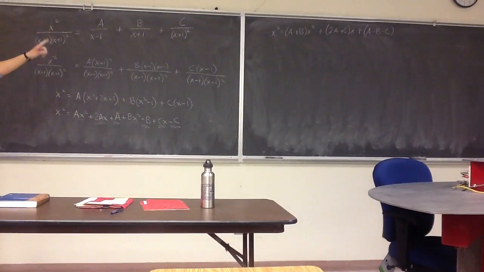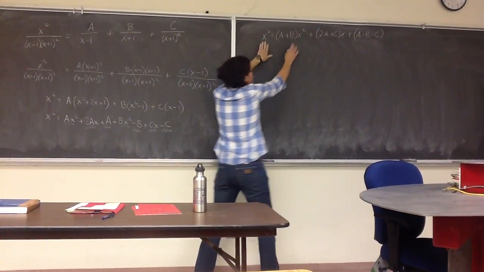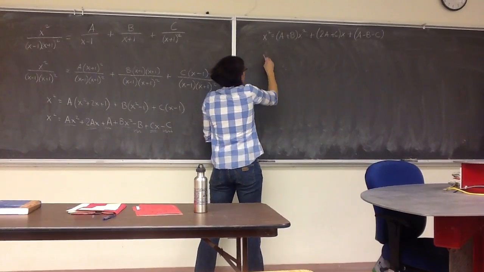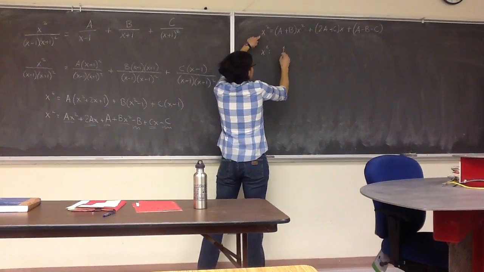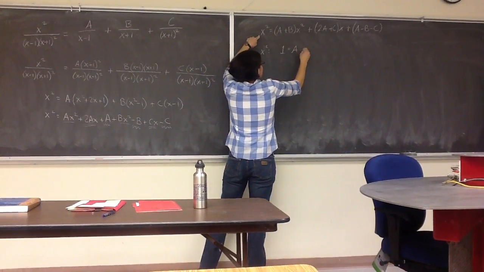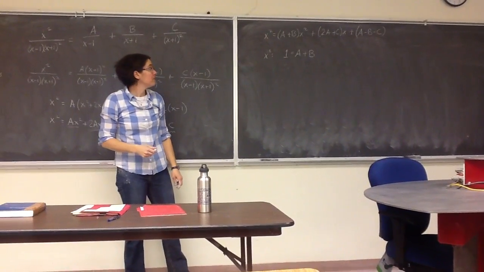Okay. So on this equation, I need for my x squared terms on the left and the right to be the same. So for the x squared, I've got a 1 as my coefficient on the left, and I've got an a plus b on the right, so 1 had better be equal to a plus b.